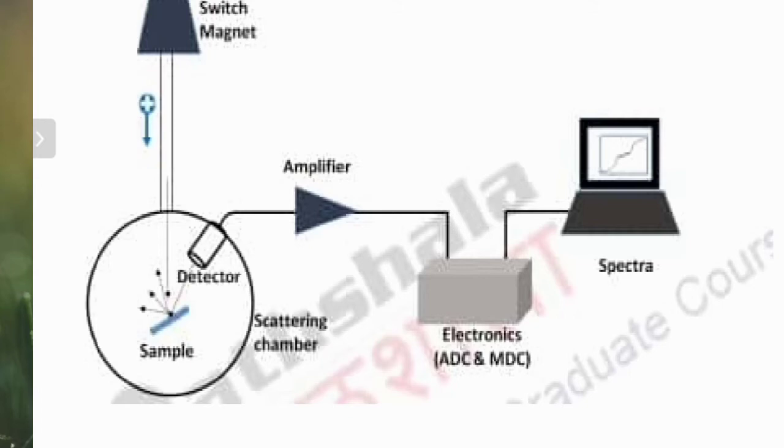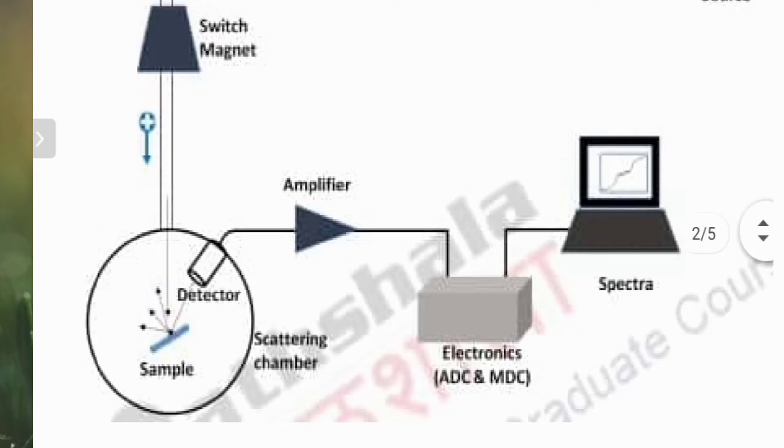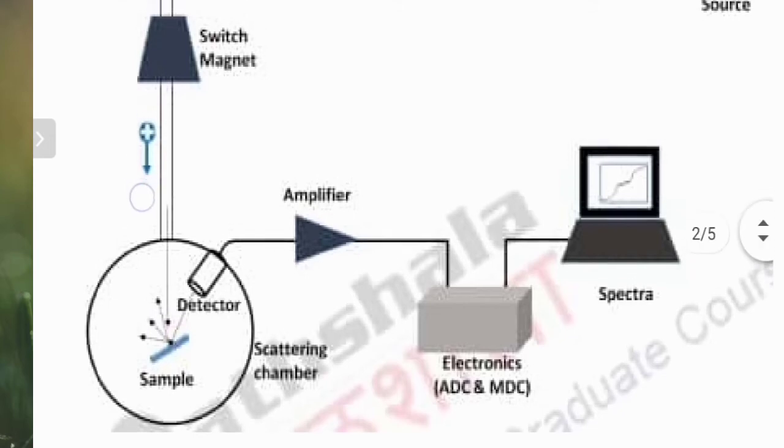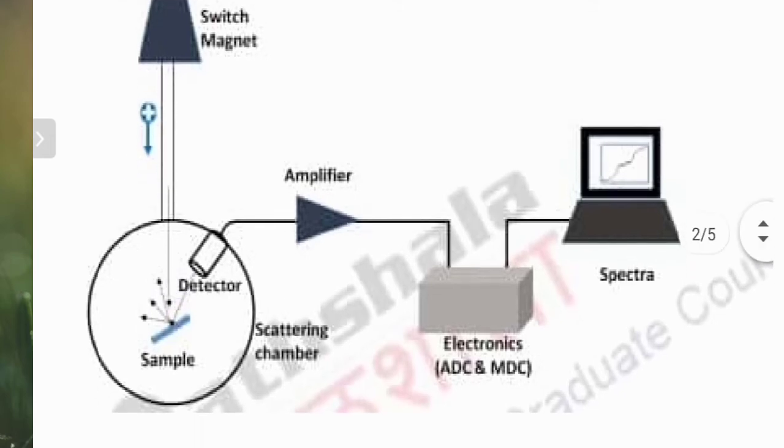Once the sample is exposed to these ions, the ions which get scattered at a particular angle are detected by using detectors.